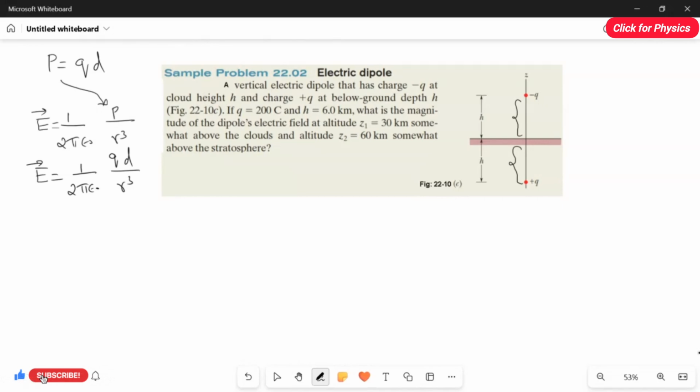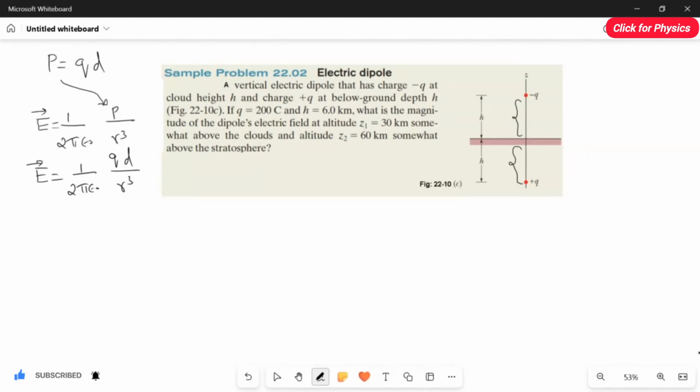So in place of d, I have to substitute 2h, because from the ground level to the negative charge the height is h. Likewise, below the ground level we have the positive charge, and this depth is also h. So the total is h plus h, which is equal to 2h. So I'm going to substitute this value of the distance.